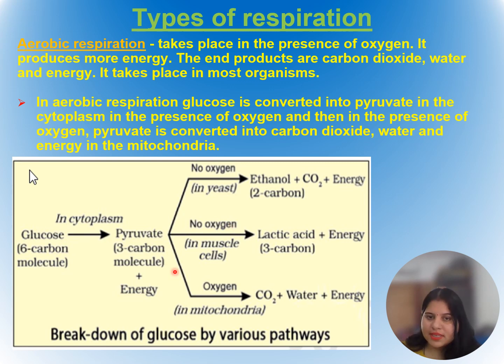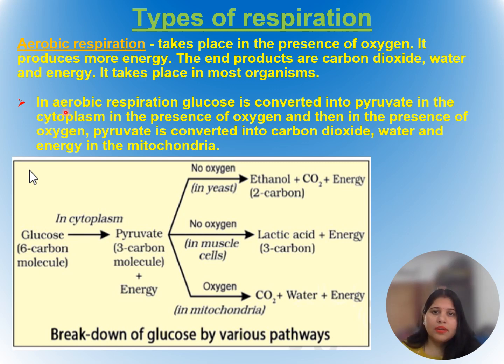Now when the breakdown of the pyruvate molecule takes place in our muscle cells in the absence of oxygen, then the product will be lactic acid, and in this process also energy is released. Now you should know the energy produced in aerobic respiration will always be more compared to the energy released during anaerobic respiration.